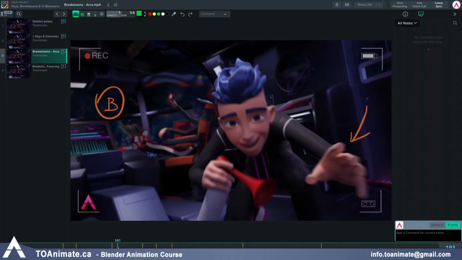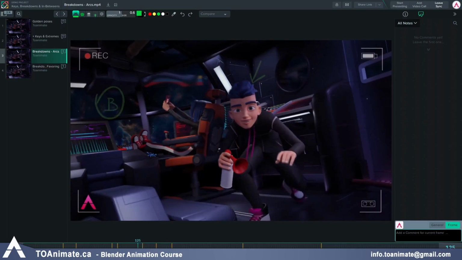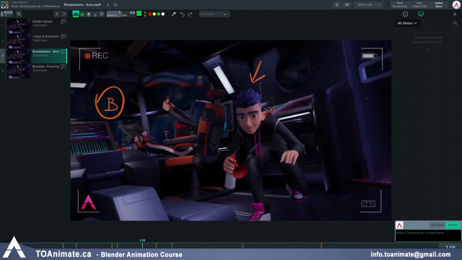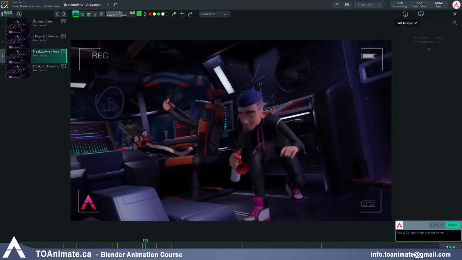The next breakdown pose is 103. I'm not going to visually show all of them, but there's a breakdown on the arm. It travels in an arc, dipping down and going back up. 130. Again, the body and the head dip down before pushing off the foot and turning around. Let's take a look at that again. 145, the body dips down and then goes up a bit.